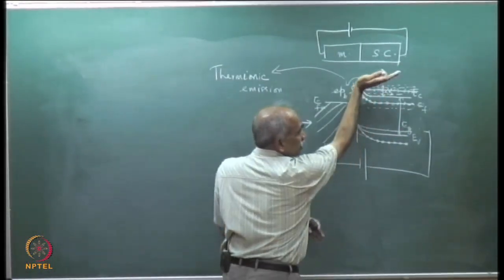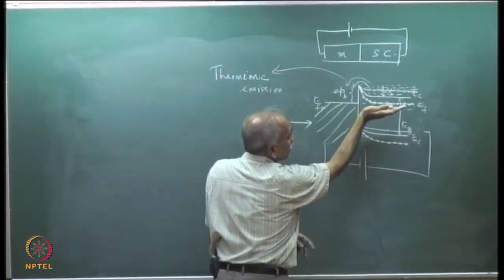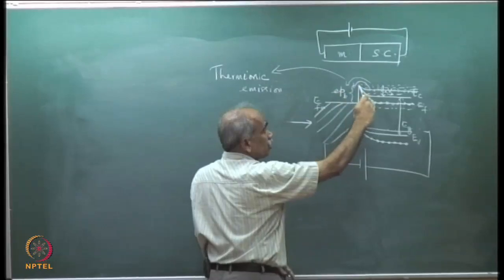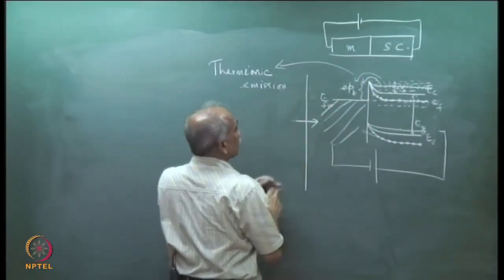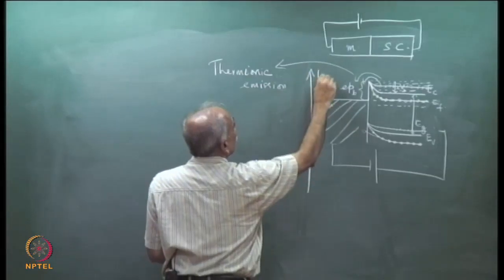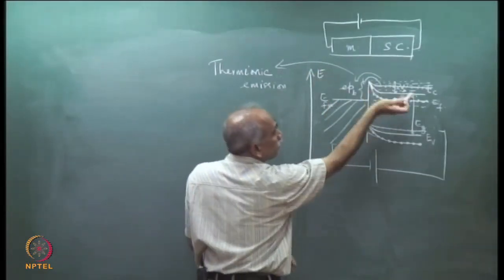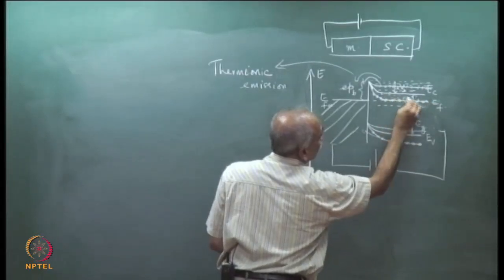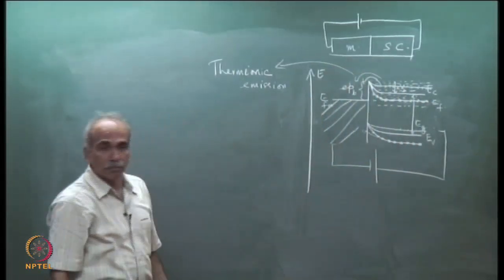So the electrons have come down further and therefore they cannot jump over the barrier anymore because there is a potential barrier. Remember that this axis is always energy. So there is a potential energy barrier there, so they cannot jump. Plenty of electrons are here, but they cannot jump.